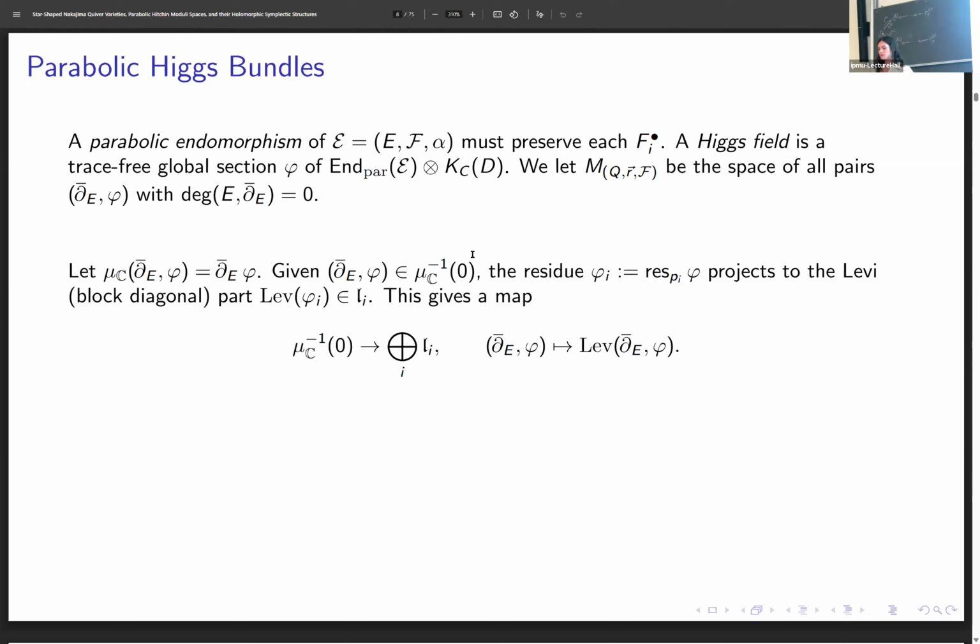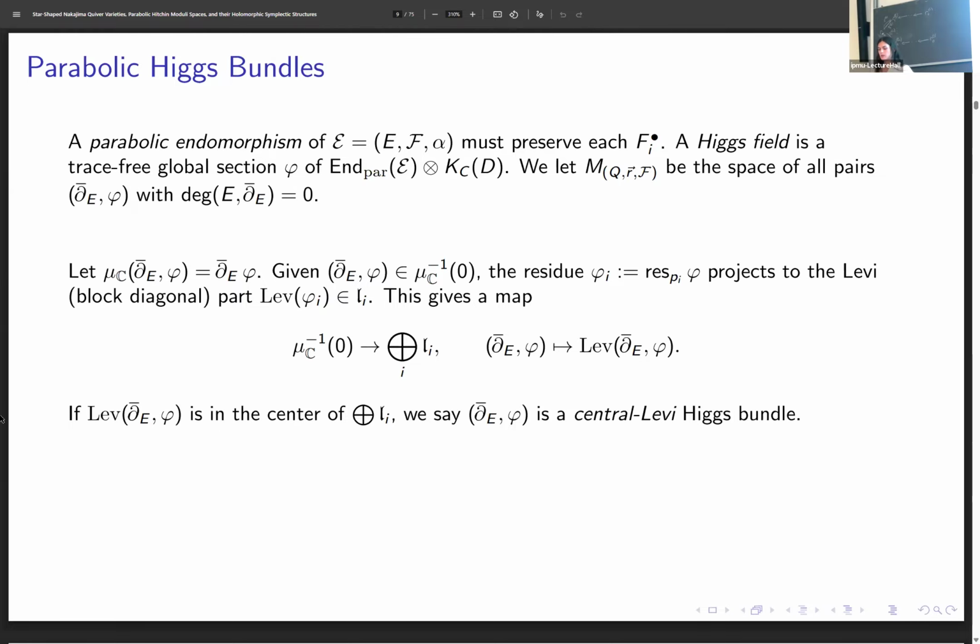And when you have a holomorphic Higgs field, you can look at its residue at a point in D, and you can project to the Levi part of the parabolic subalgebra. So I use this math-script L to keep track of that. So I have a map from this level set consisting of holomorphic Higgs bundles to the sum of the Levis.